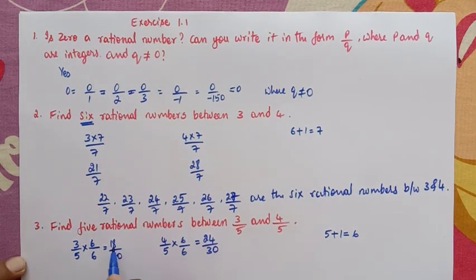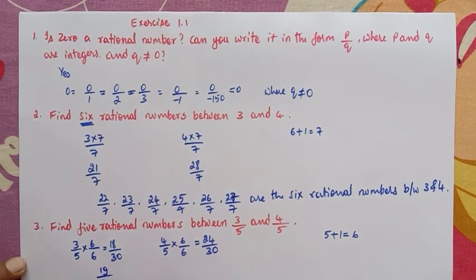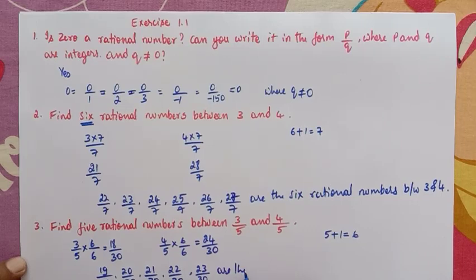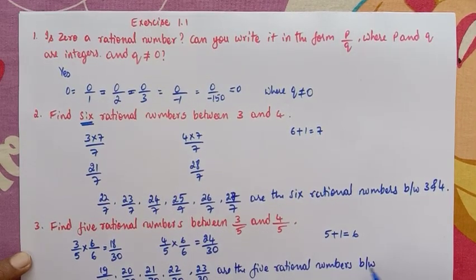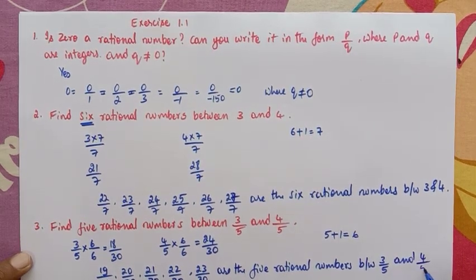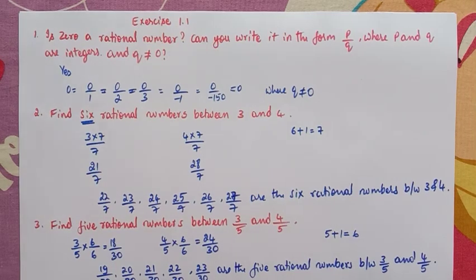So the next numbers after 18 will be 19 by 30, 20 by 30, 21 by 30, 22 by 30, 23 by 30 are the 5 rational numbers between 3 by 5 and 4 by 5. Here this problem is completed.